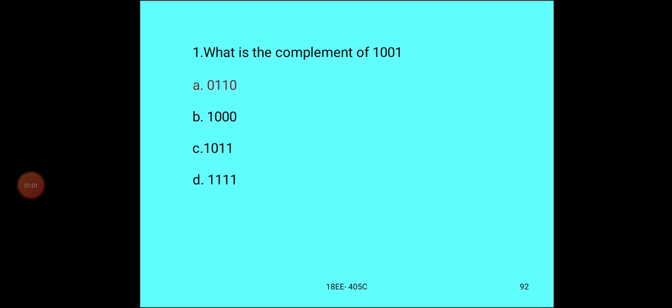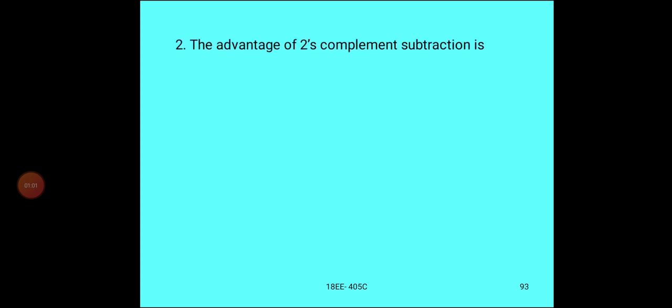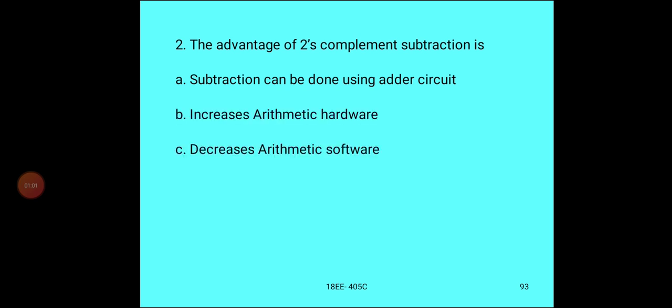So our answer A, 0110, is correct. The advantage of 2's complement subtraction is that subtraction can be done using an adder circuit, which reduces the arithmetic hardware, and addition is made simple. Subtraction can be done using an adder circuit.